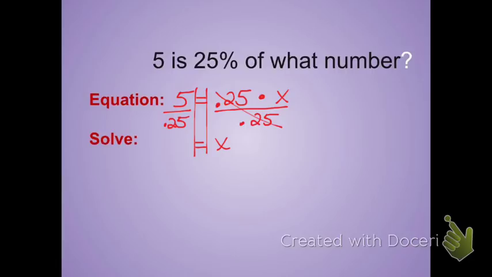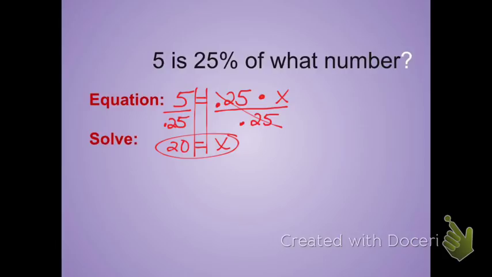Rachel, what'd you get? 5 first. Yeah, 5 divided by 0.25. She's got it. 20. 20 equals x. Okay, are you with me?